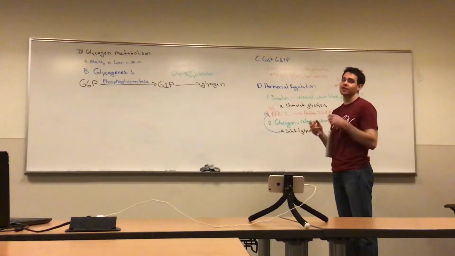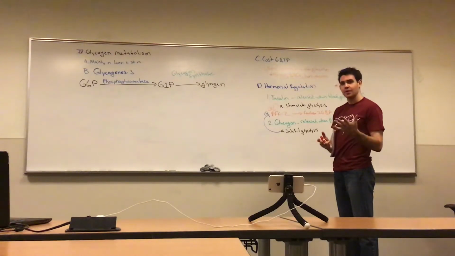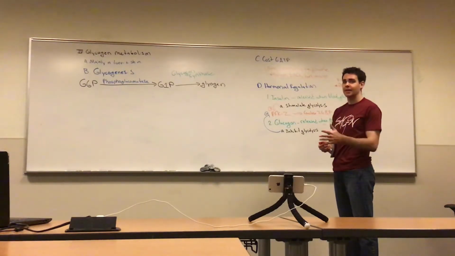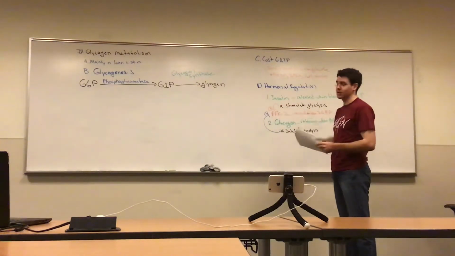So basically we have two states here: an anabolic and a catabolic state. The anabolic state is when we're eating and building things. The catabolic state is when we're breaking down. So insulin is released in which state? Anabolic or catabolic?